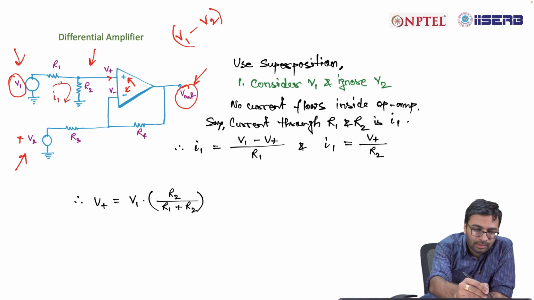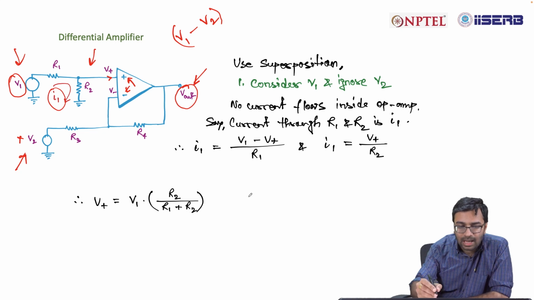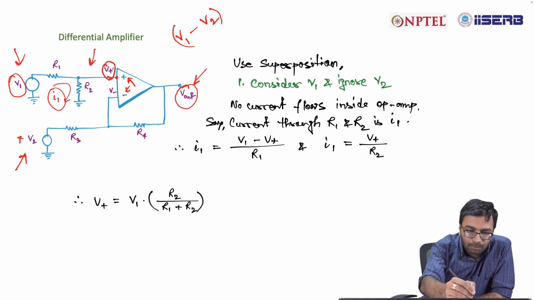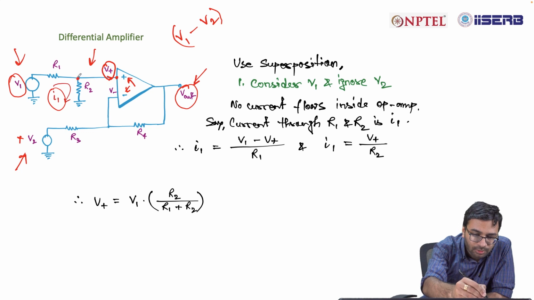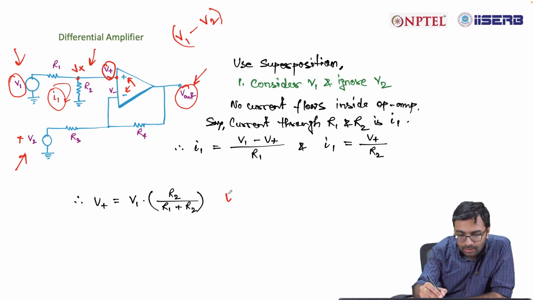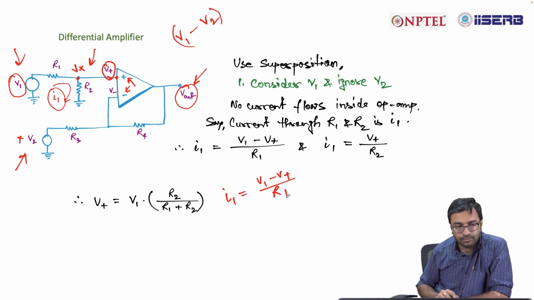So if the current in the input side is I1, then you can consider I1, for example, say here the potential is V plus. The potential in the non-inverting terminal is V plus. So here also the potential will be V plus. Now the I1 in this case is V1 minus V plus divided by R1.